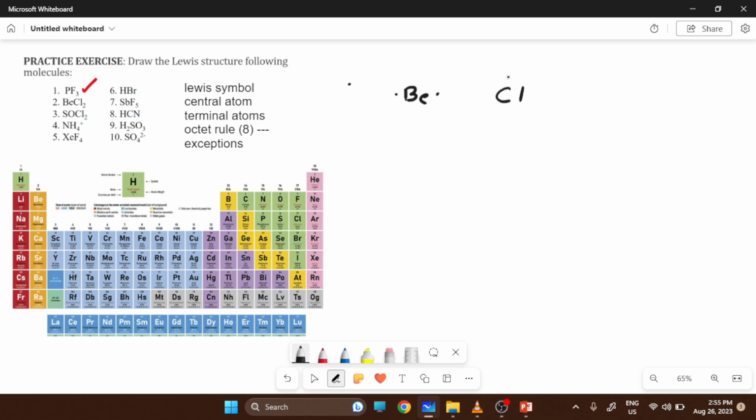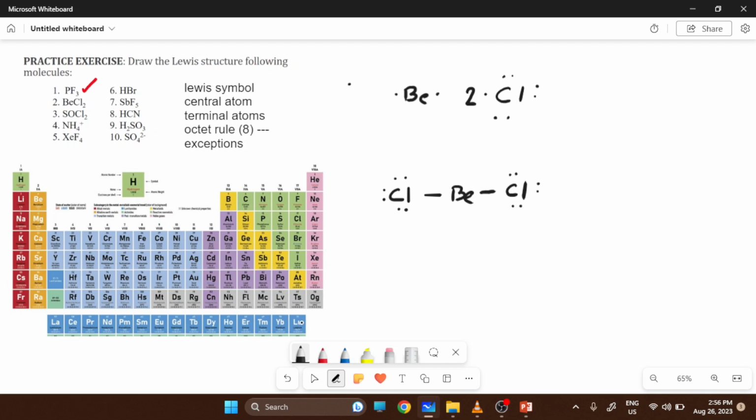We have two chlorines, group 7 in the periodic table, so 7 Lewis dots. The central atom is automatically beryllium because it is the lone one. Remember, the central atom is often the one that is alone in the molecule. Since there are 2 chlorines, each chlorine bonds to the beryllium, yielding this Lewis structure of beryllium chloride.